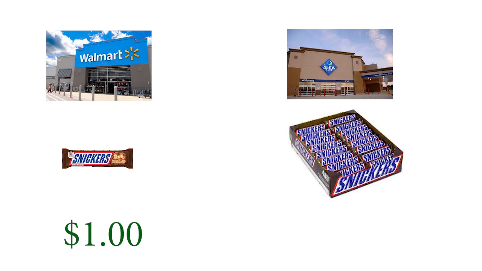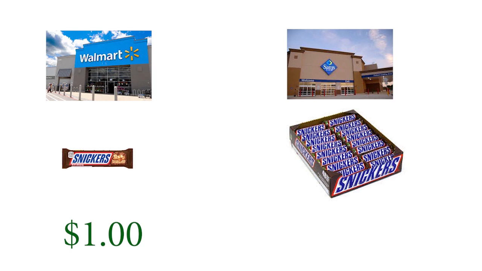What can you buy at Walmart? At Walmart, you can buy one Snicker. And that one Snicker costs $1, let's say. Okay? But then let's suppose that you go to Sam's Club. Well, you can't buy one Snicker at Sam's Club. You have to buy this huge box of 40 Snickers, because Sam's Club is one of those warehouse type clubs.